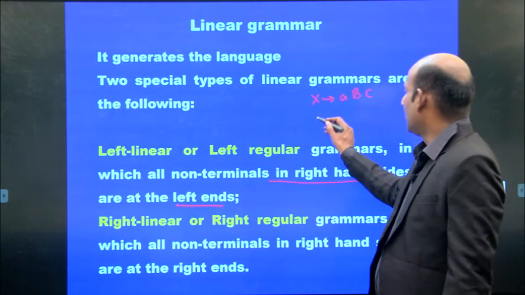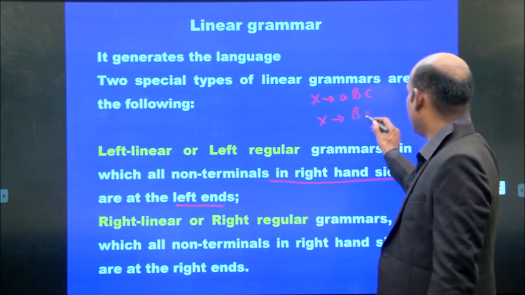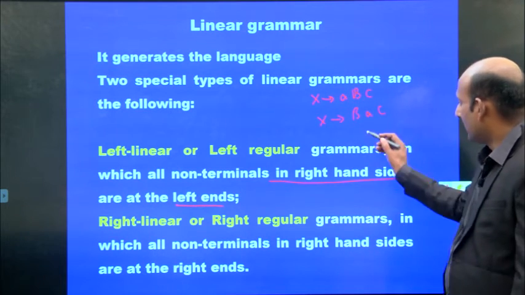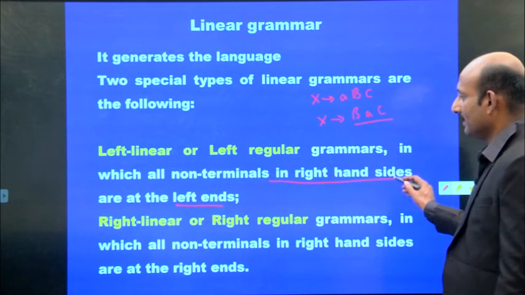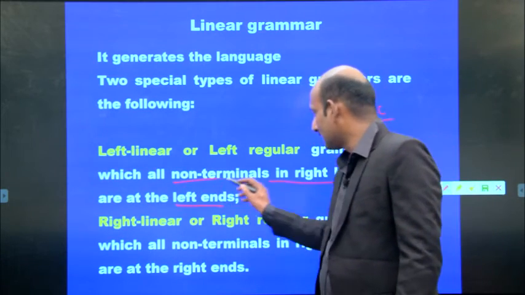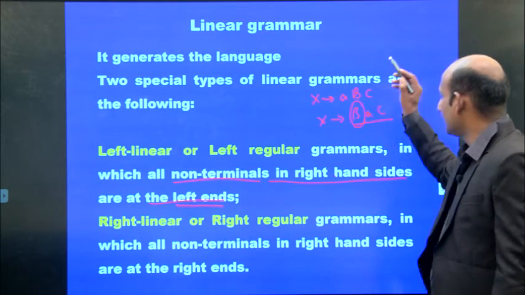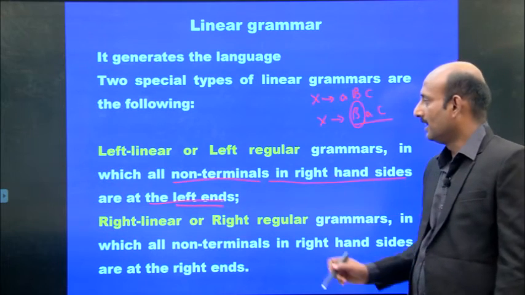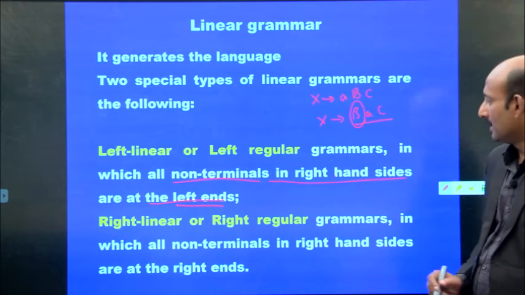Similarly, if I have B, a, c, what is that? In the right hand side of this production, the non-terminals are at the left hand side. So here, B is at the left. So we can say it is a left linear or left regular grammar.